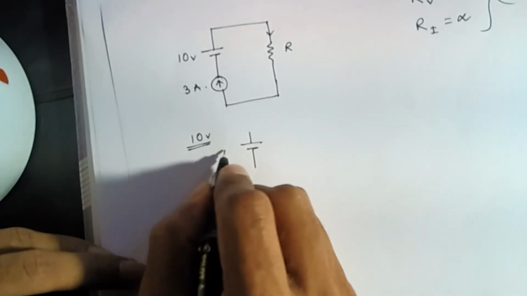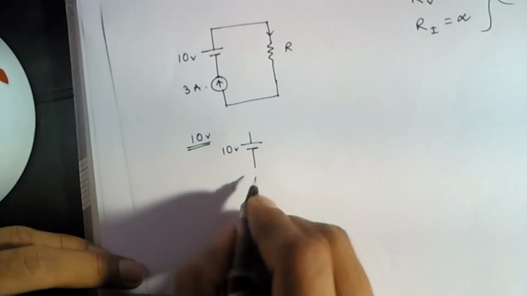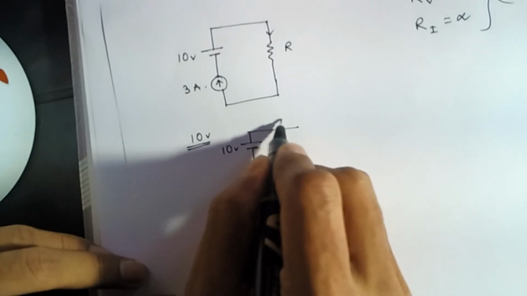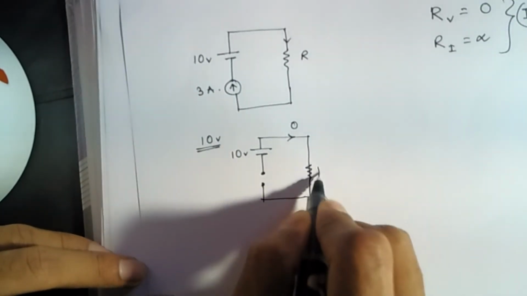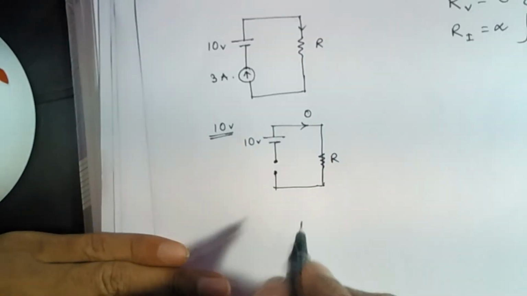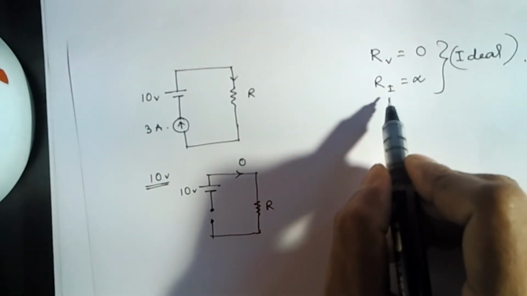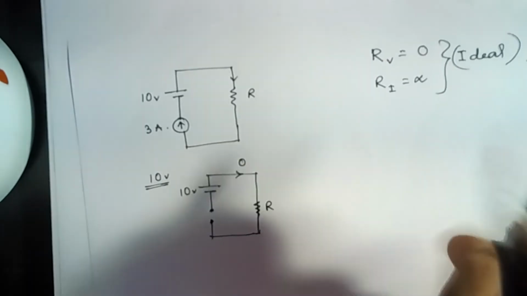When only the voltage source is connected and the current source is open circuited, the current flowing through this way is 0. This is open circuited because the internal resistance of a current source is infinite.